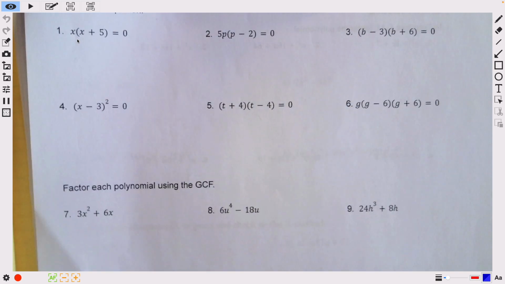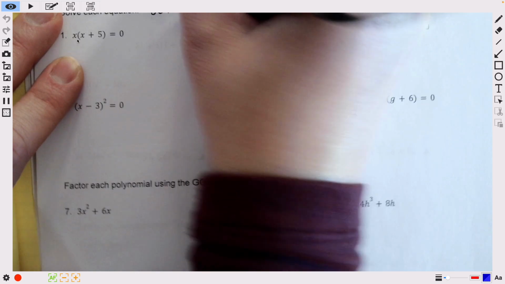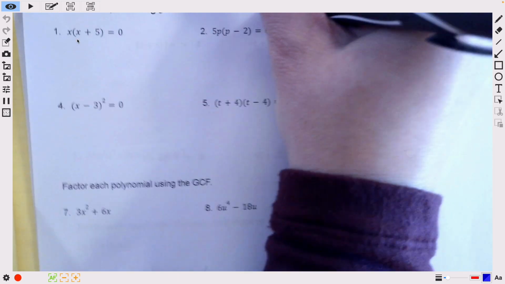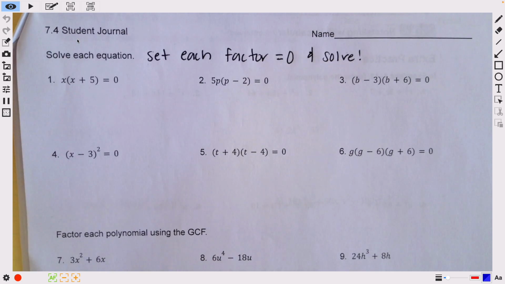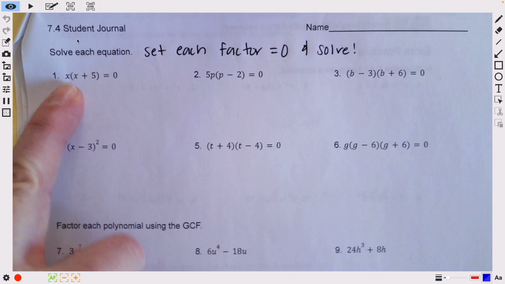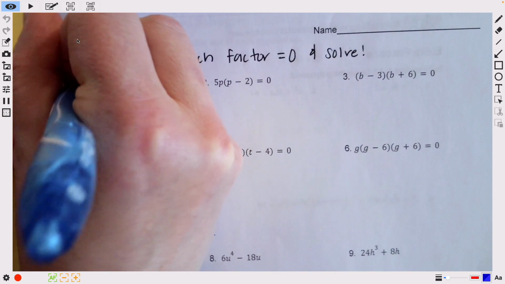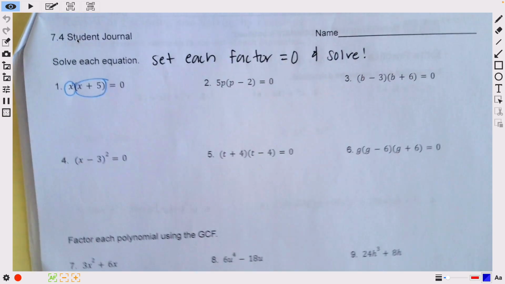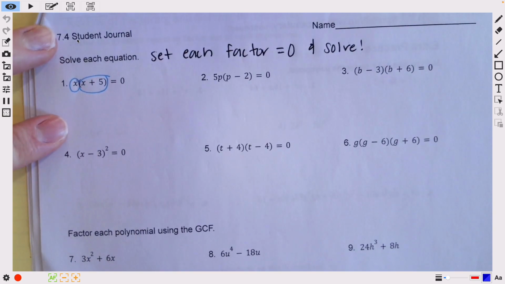So when it says solve, this is just setting each factor equal to 0 and solving. Okay? Set each factor equal to 0 and solve. 1 and 2 and even 6 are a little interesting because they have this random x on the outside, right? So let's talk about that. That counts as one of your factors. So like on number 1, you still have 2 factors even though one of them is just an x.